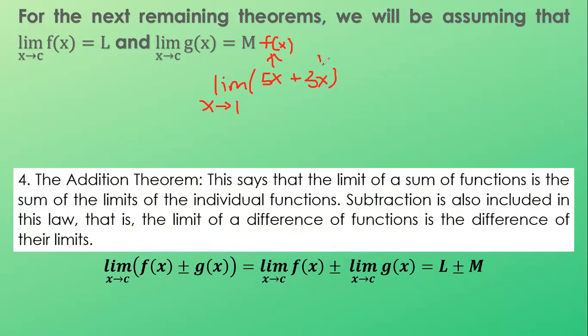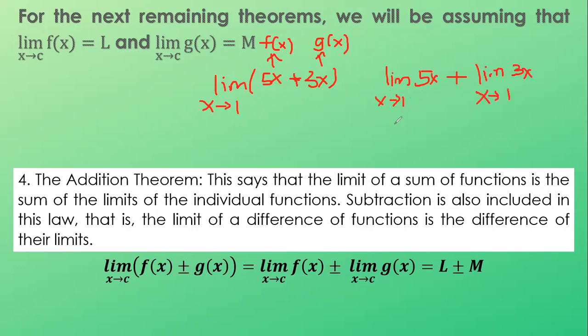Ito naman si g of x. Okay? So, ang mangyayari parang madidistribute si limit. Okay? So, magiging limit of isa-isa siyang ma-evaluate. Limit of 5x as x approaches 1 plus, since addition yung ating operation dito, so plus the limit of 3x as x approaches 1.